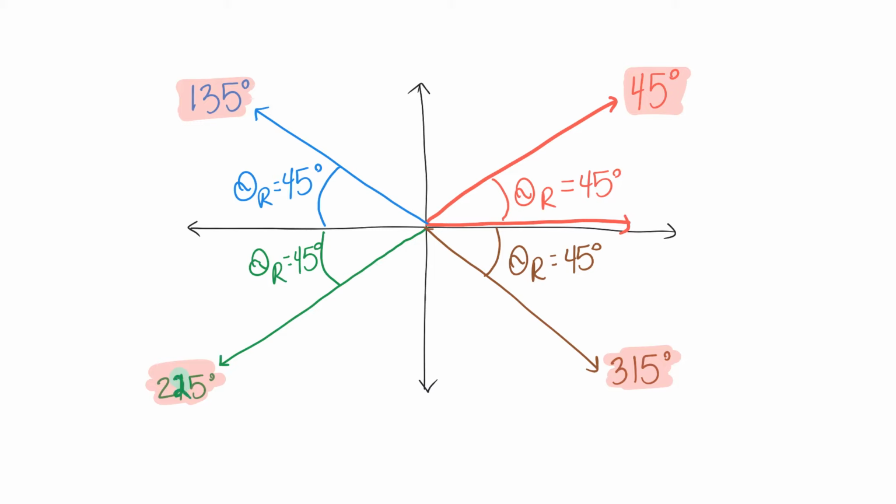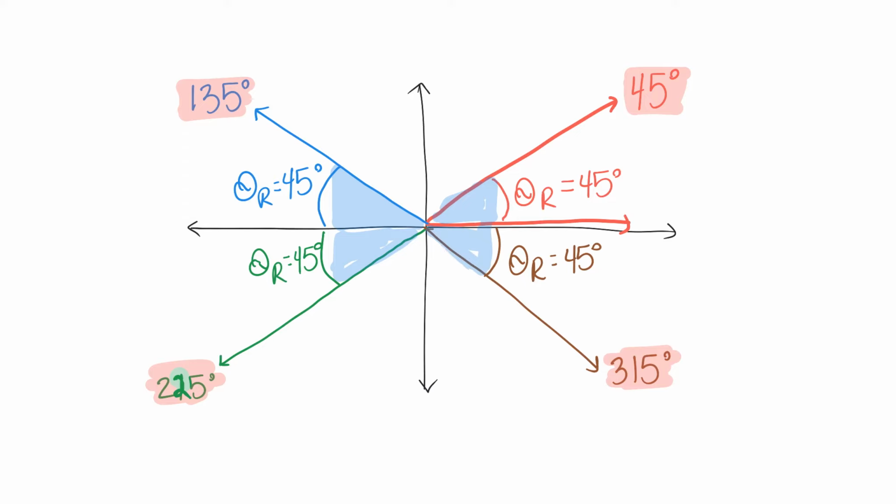And 315, they're all associated together because they have a reference angle of 45. That means if I go and draw triangles underneath them, they will all have very similar behavior. It also means that their sines and cosines are going to be related.